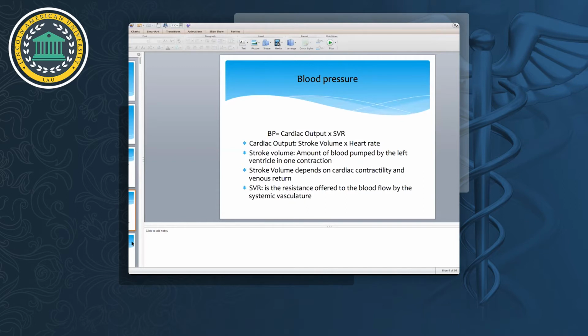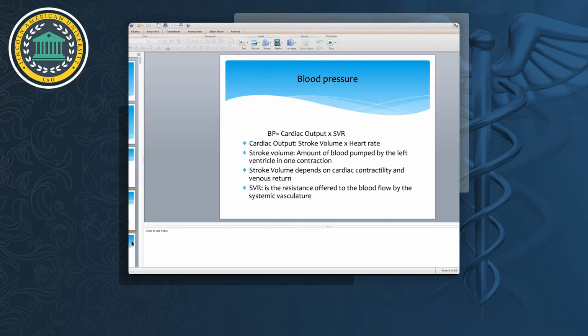And stroke volume depends on cardiac contractility and the venous return. That means the stroke volume can drop if somebody has cardiac dysfunction, systolic heart failure, or the venous return is poor, let's say in hypotension, when you are dehydrated.